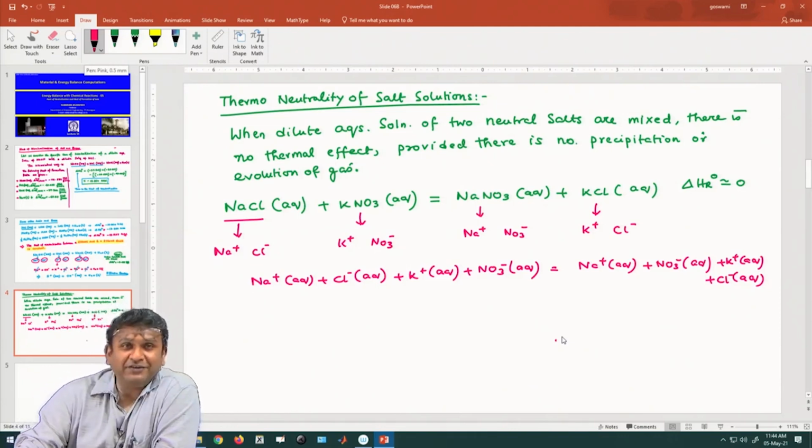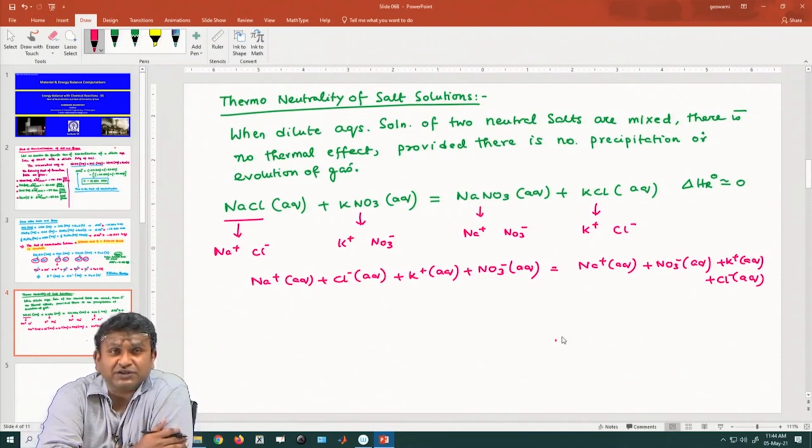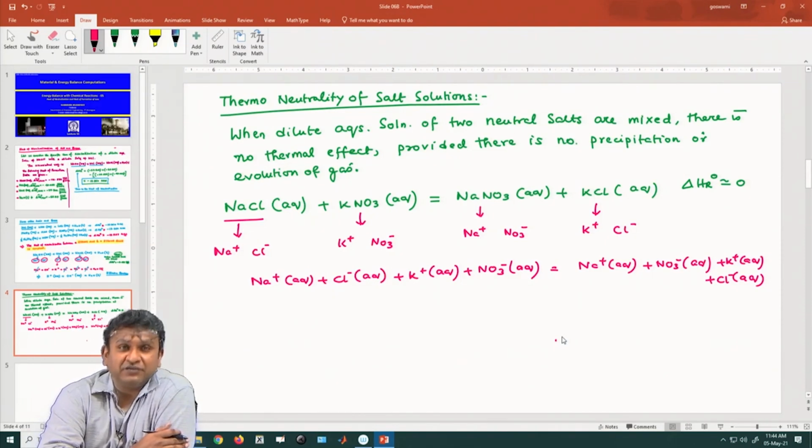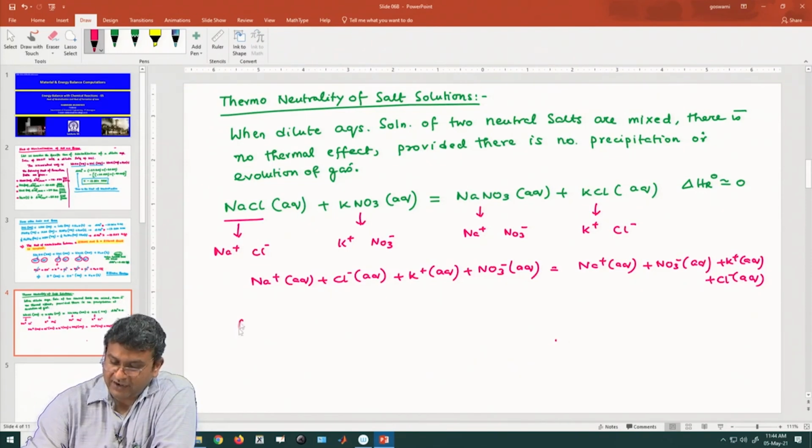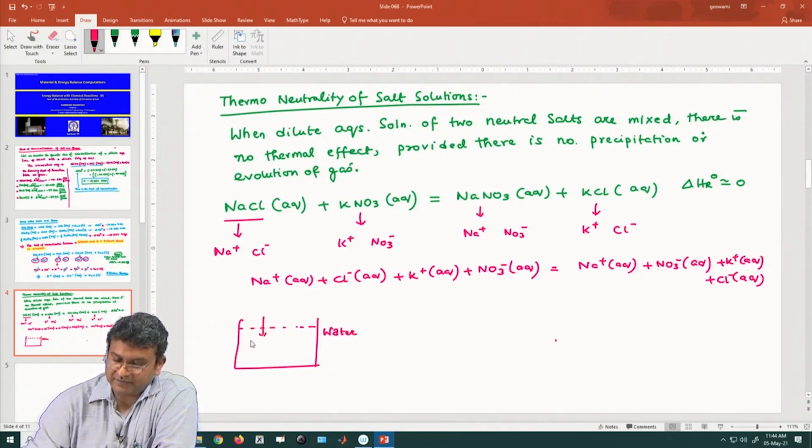Now, one interesting question: if you have a salt mixture like this, in an aqueous solution, and the water is slowly evaporated, or you dry the salt. So, you have this in a bath of water, a mixture of salt 1 and salt 2 that you have added.